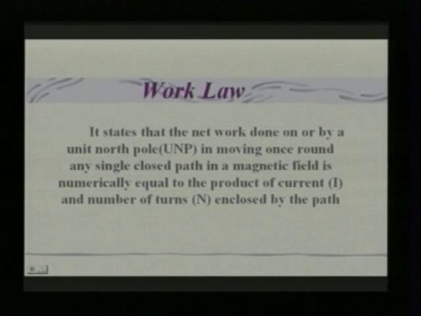We will see the work law, which is used to find field strength of different patterns.